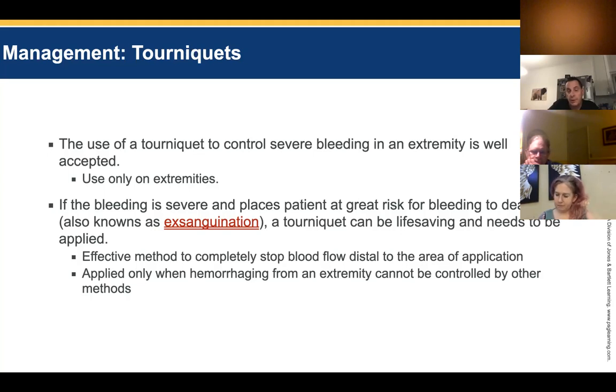You don't feel pulse distally, and then 20 millimeters of mercury above that. So you are cutting off all circulation to that. It's not something that we determine to do lightly, obviously, but there are times that you have to do it, but know that you're doing it. Okay?